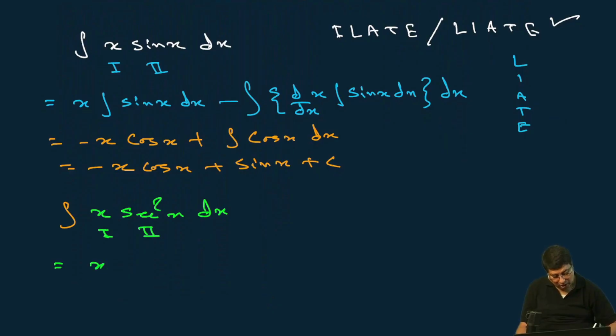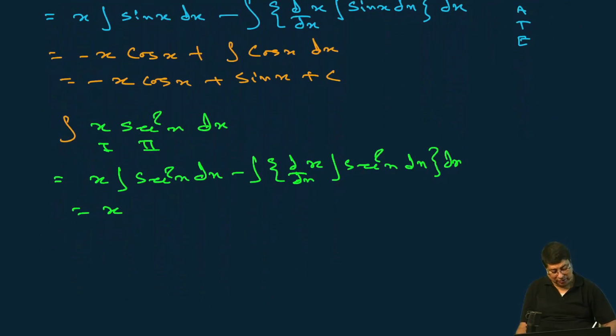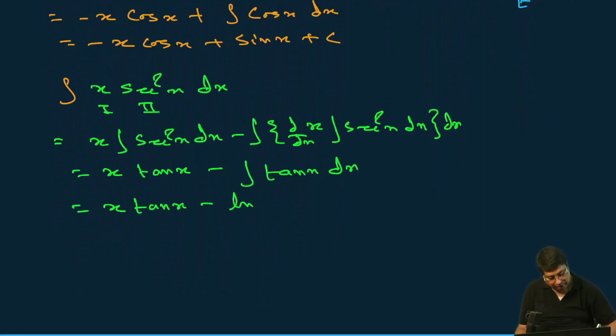So I can write u times the integration of v, minus the derivative of u times the integration of v on total dx. So x times the integration of sec square x, which is tan x, minus, what will we do here, the derivative of x is 1, the integration of sec square x is tan x, on total once more integration. So x tan x minus the integral of tan x, which is log sec x, plus c.